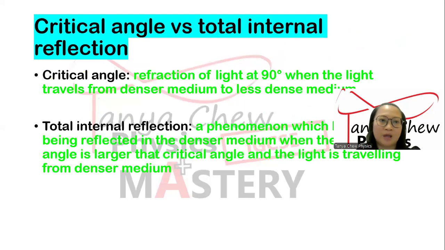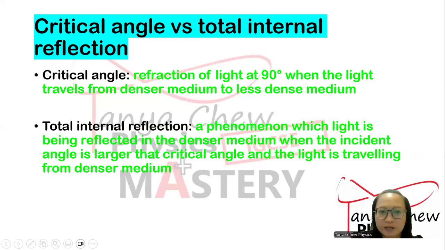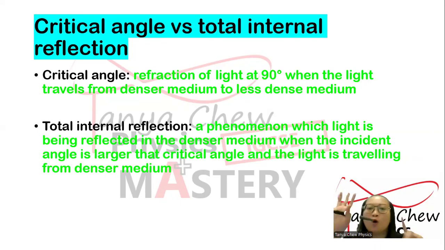Remember. Now, critical angles and total internal reflection. Critical angle, the definition, is the angle of incidence at which the refracted light is at 90 degrees to the normal along the surface, when the light travels from a denser medium to a less dense medium.